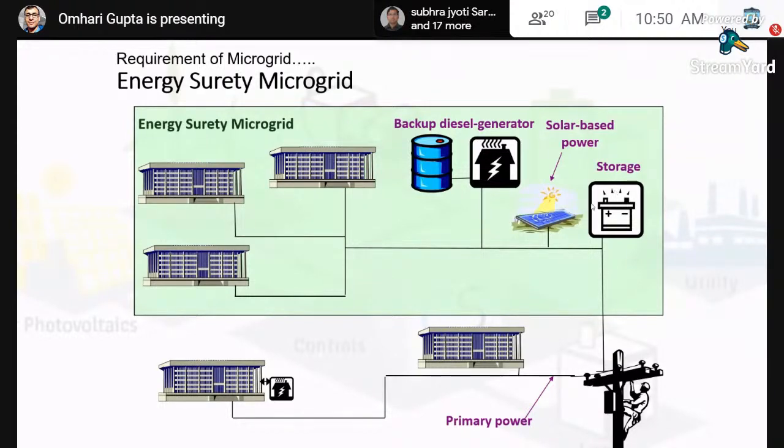With this, what is there? Normally, if you do not have much generation through this solar based power system, you can consume power from this utility grid, or the substation. Okay. Now, whenever this primary source is not available, what you have to do? You have to manage with these three.